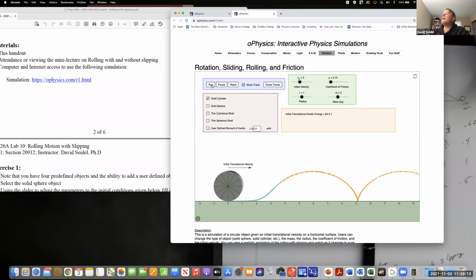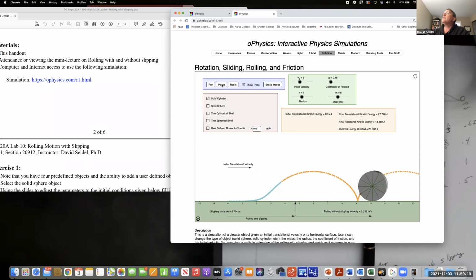We hit run again. You see, if we have an alpha in there, the angular velocity is going to keep increasing until we get rolling without slipping, in which case, at that point, we will no longer get an increasing omega.